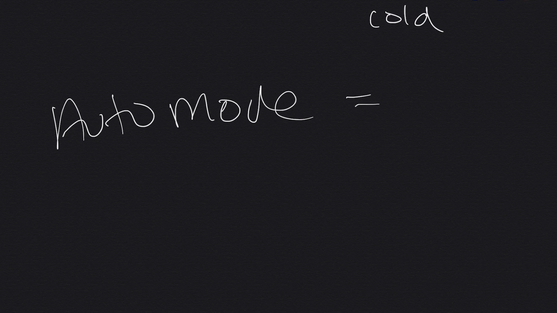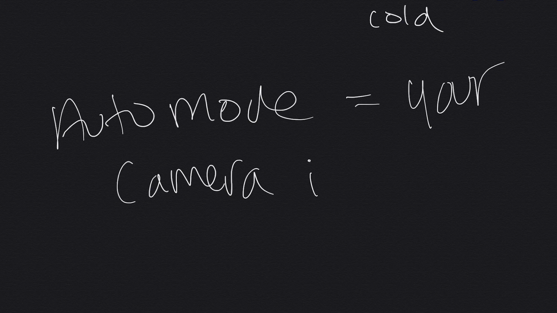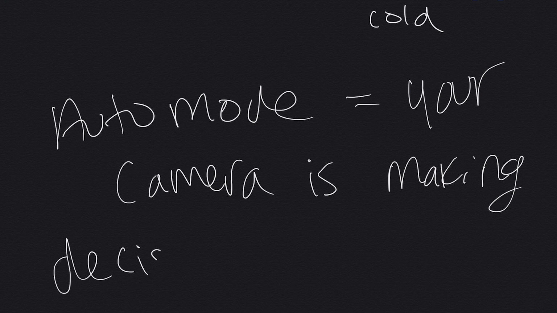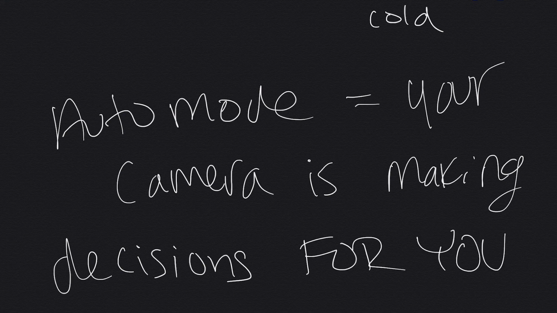So what auto mode means is your camera is making decisions for you. Your camera is in control.